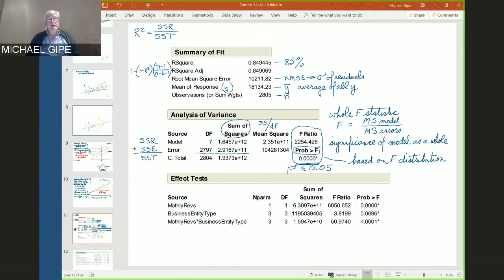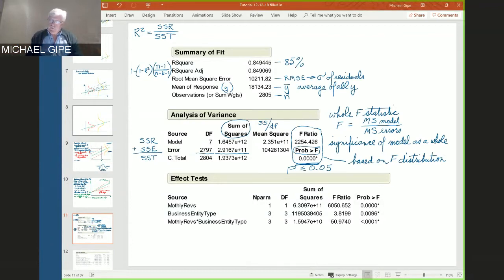And the answer is yes, we can, even if none of the individual coefficients are by themselves significant. Sometimes the combination of multiple explanatory variables is enough to bring the model as a whole into reasonable significance. So you could have none of the coefficients of the x variables individually being significant, but when you put them all together, you could have a significant model.